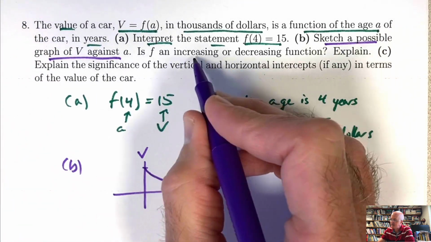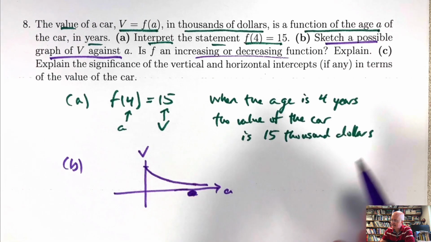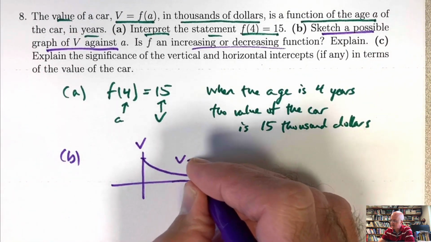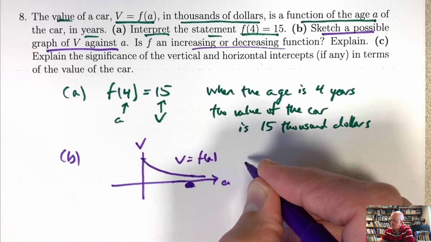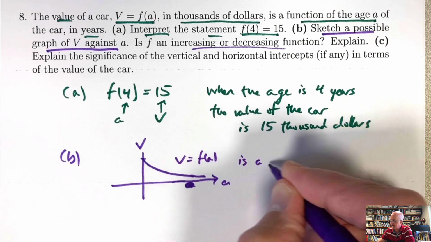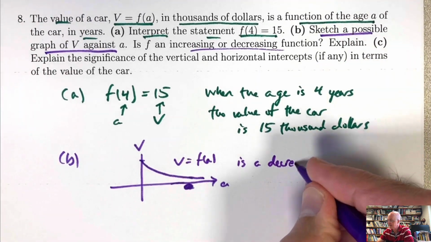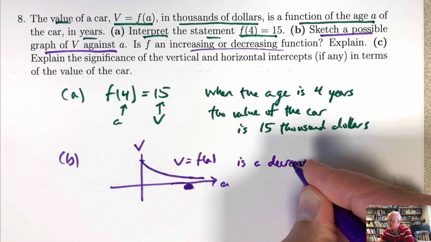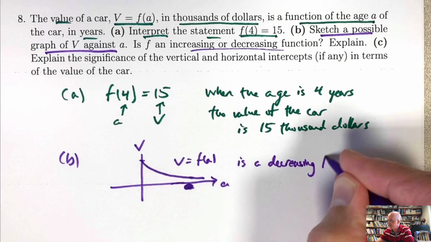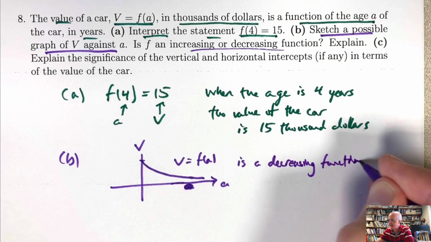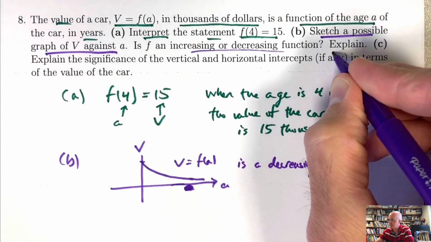Is f increasing or decreasing? It's decreasing. So this is V equals F of A. This is a decreasing function for most cars, at least. As long as it's not some sort of classic car. It's decreasing. Explain.